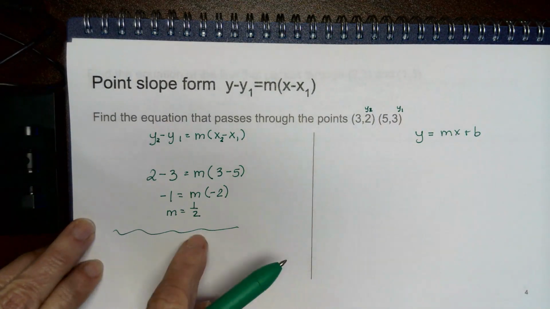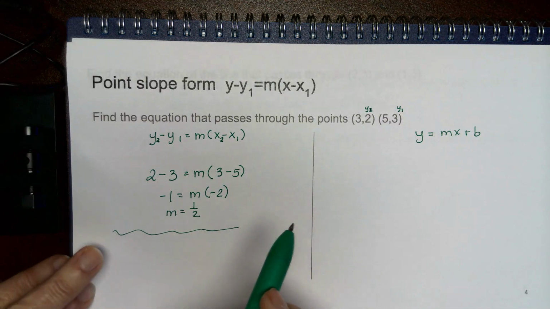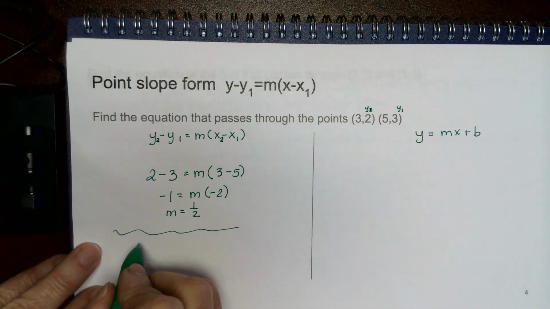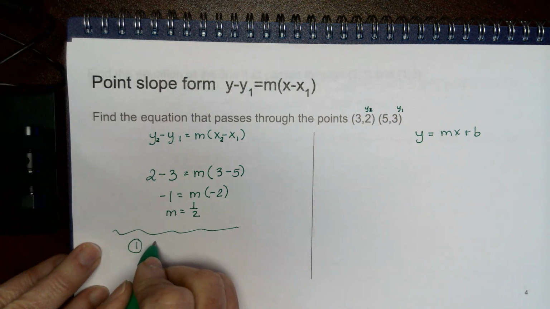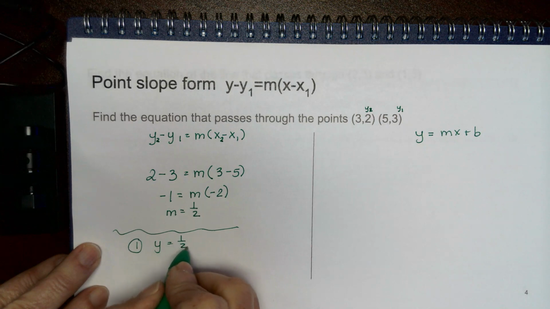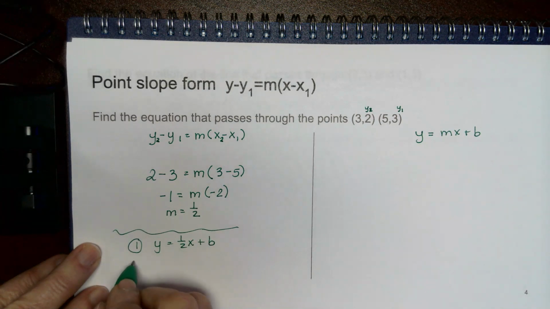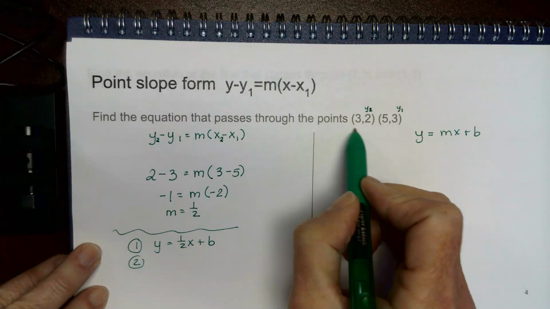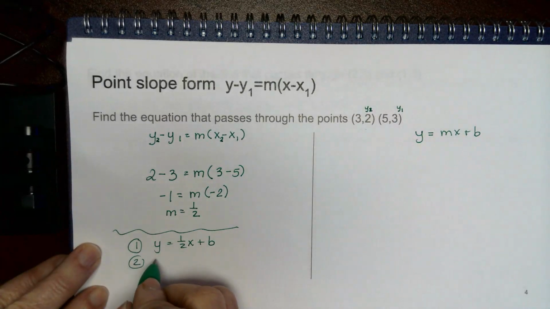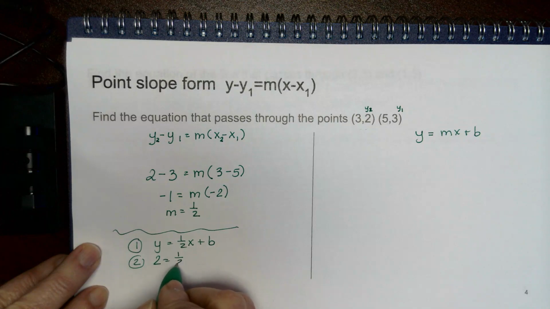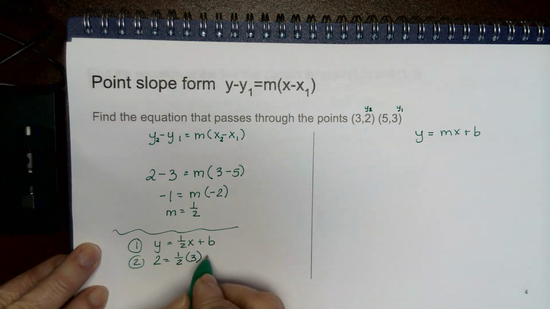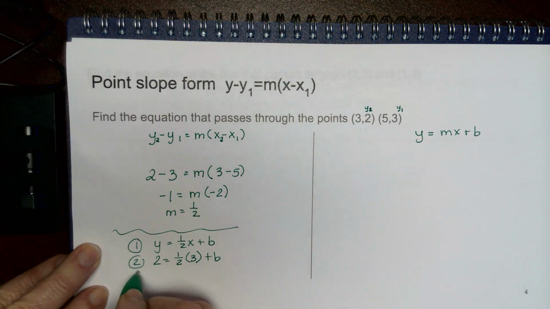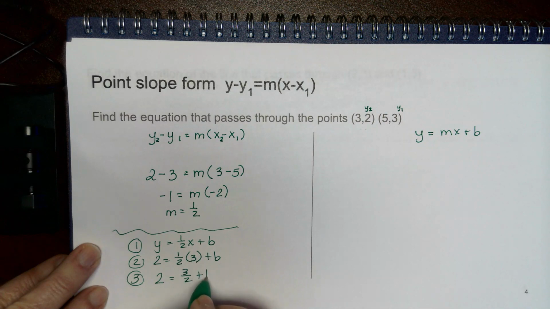Then I would use that and put it in the right form, so I would have to solve for b. Again, I'm going to go y is equal to 1/2 x plus b. Then I'm going to pick one of those points. It doesn't matter which. I can pick (3, 2). So I've got 2 is equal to 1/2 times 3 plus b, which is 2 is equal to 3 over 2 plus b.